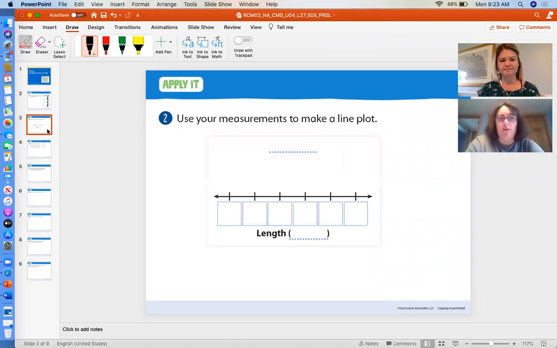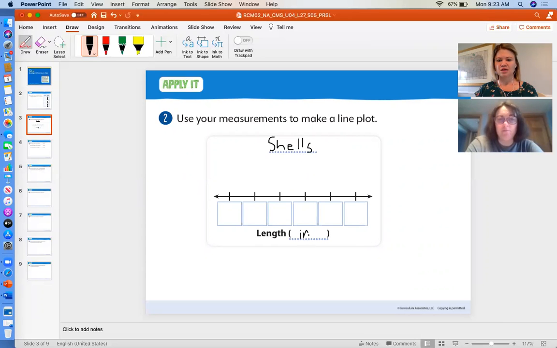Let's move on. Okay, so now we're going to make the line plot, and it's already there for us. So let's start with the title. What do you think the title is going to be? Shells. Perfect. That's what we're measuring. Keep it simple. What was the unit of measurement? The unit of measurement was inches this time.